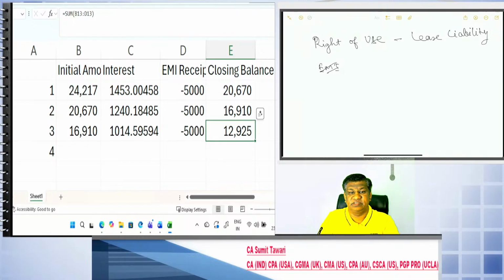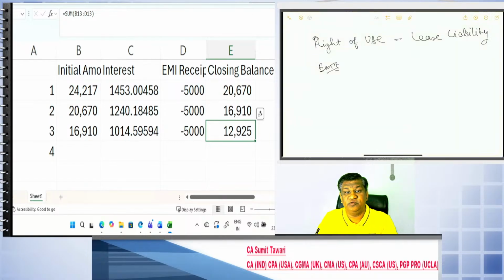I'll modify this table. So if you see, this is basically my EMI.